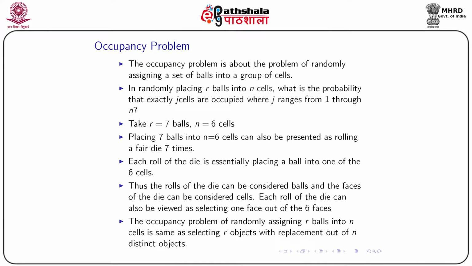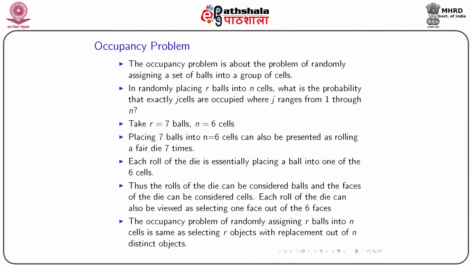The occupancy problem is about randomly assigning a set of balls into a group of cells. So we will have some cells and a set of balls. One may ask: in randomly placing r balls into n cells, what is the probability that exactly j cells are occupied, where j ranges from 1 through n?